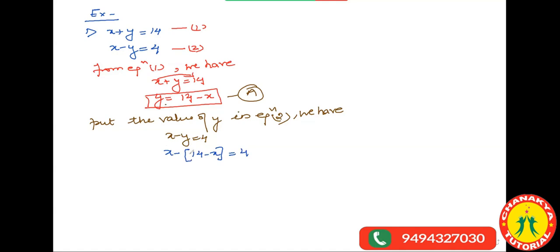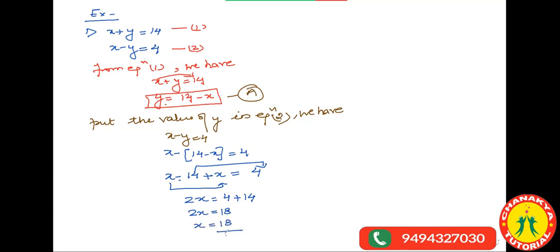Now see, before the bracket there is a minus sign, so when you open the bracket, its inner sign will be changed. Now x and x will be 2x. Now this minus 14, when transposing to the right-hand side, will get a plus sign. So it will be 4 plus 14. So 2x is equal to 18. Then the value of x is 18 by 2, which is 9. Is it clear, children?